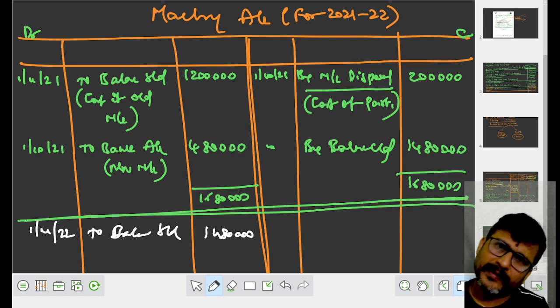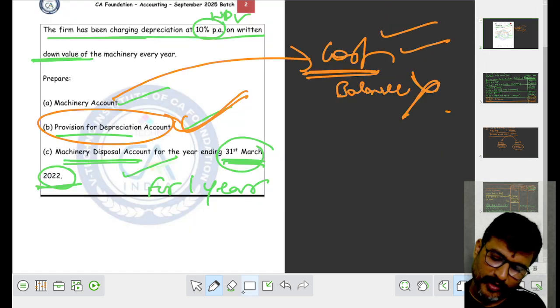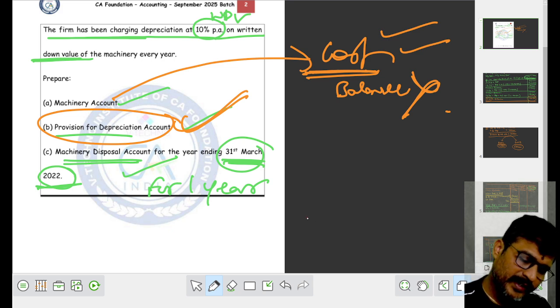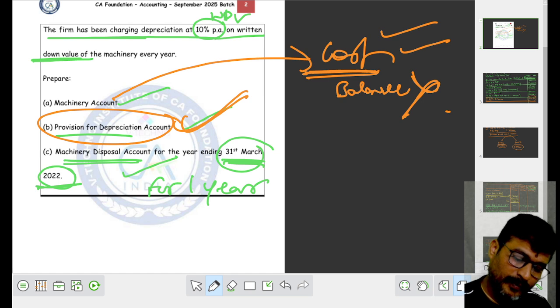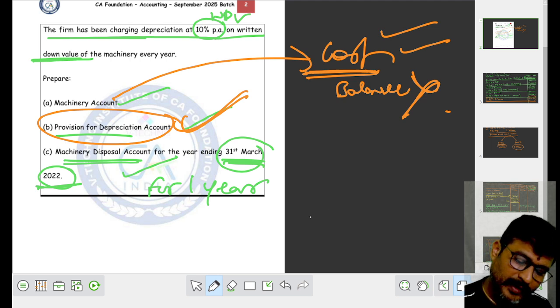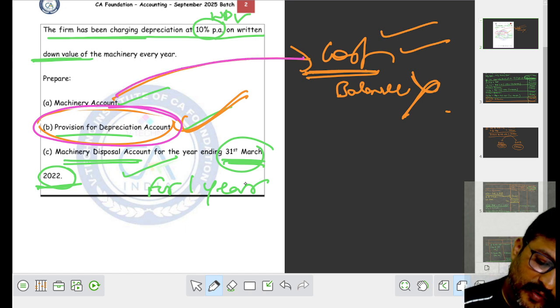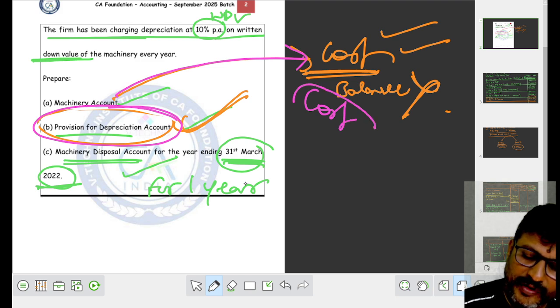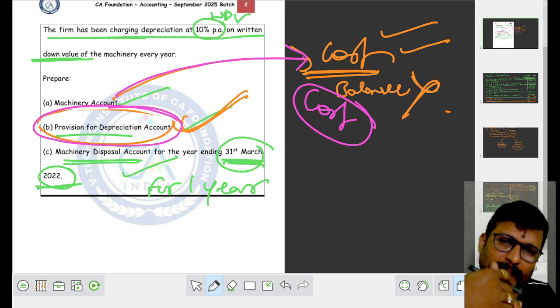मालूम हुआ क्या लिखे मैं? Since we are preparing machinery account under the provision for depreciation account, which method are you following? Since we are following provision for depreciation account, in machinery account we have to take only the cost of the machinery but not the balance of the machinery, as we used to take in earlier problems of class 11 or 12.